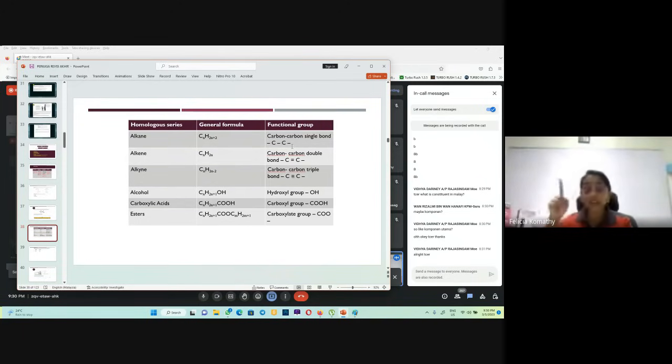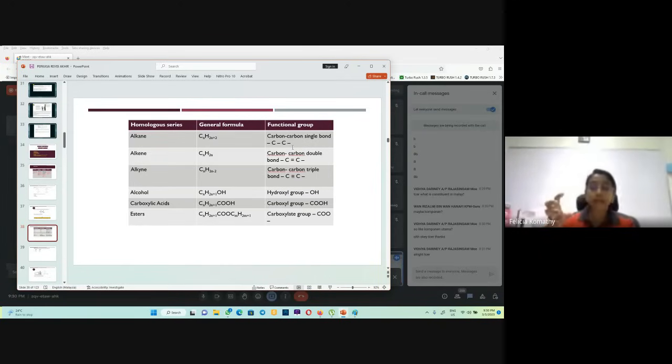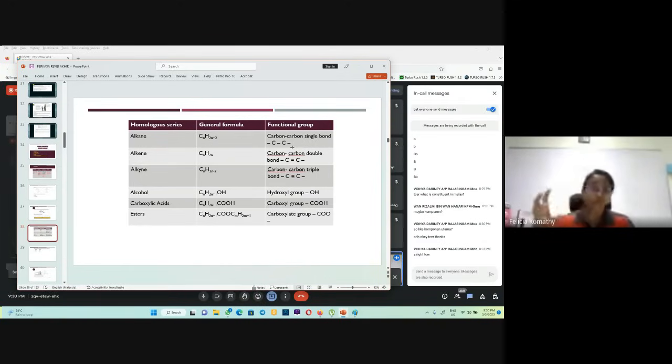Don't go and write C-C. That's wrong already. If they just say state the functional group, then the choice is yours. You want to name or you want to draw. Make sure you know how to name the functional group and also how to draw it correctly. So far, okay? This part is important. Make sure you know.